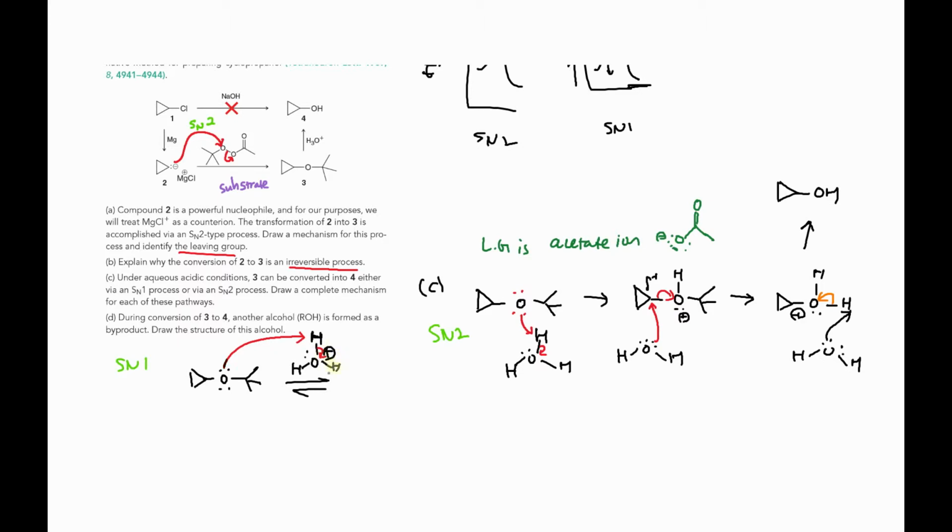So again, it's the same process as the SN2. Remember, this is like the preparatory step, or not the main step, but an introductory step, so that we have a good leaving group. And then we're going to have this.